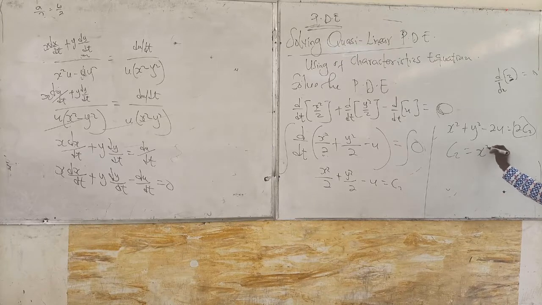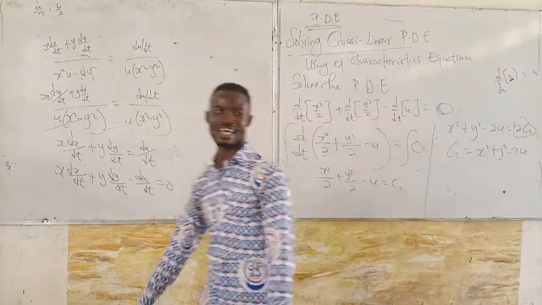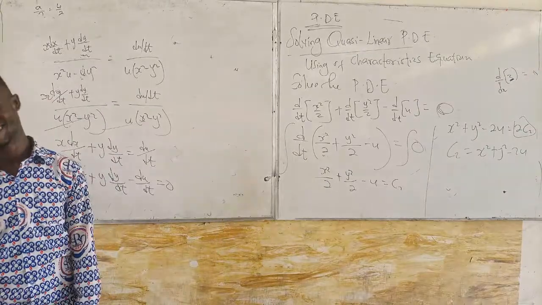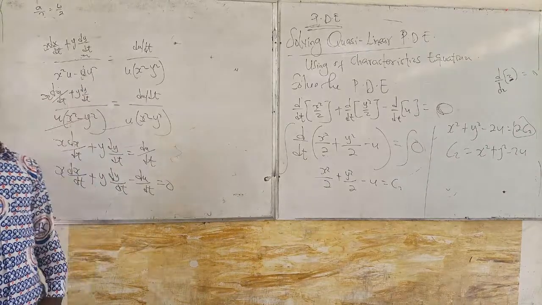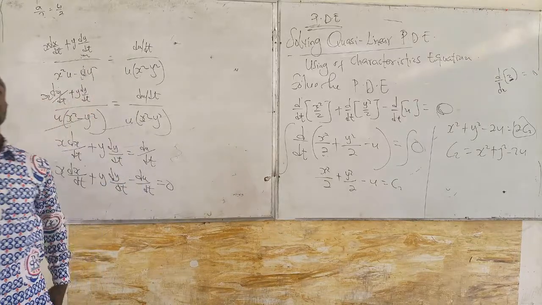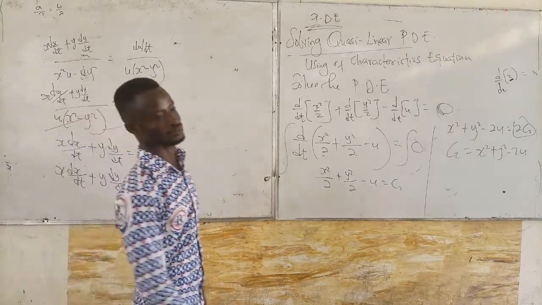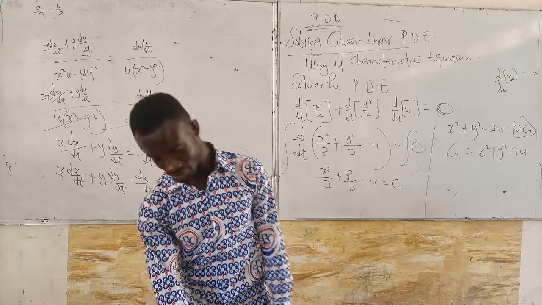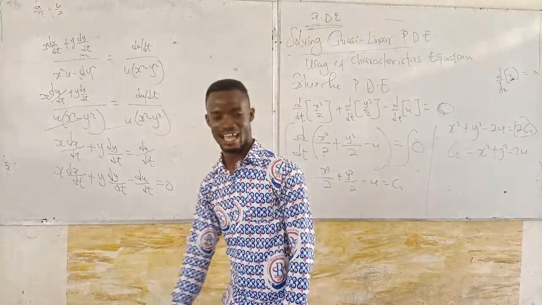C2 is equal to x squared plus y squared minus 2u. Now, go and combine and get your integral equation. That's all. It's all about getting the C1, C2 combined. The rest is still the same thing. Yes, the P will come in, the M1. Let's have them.